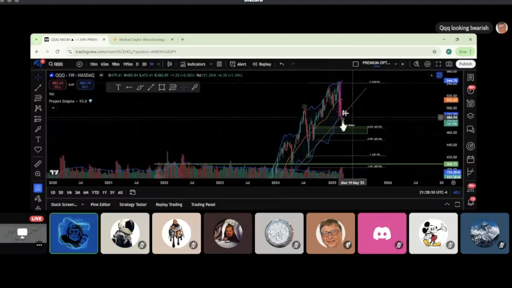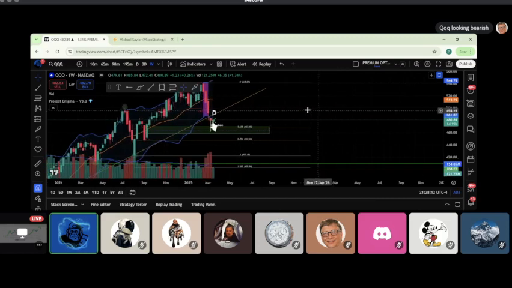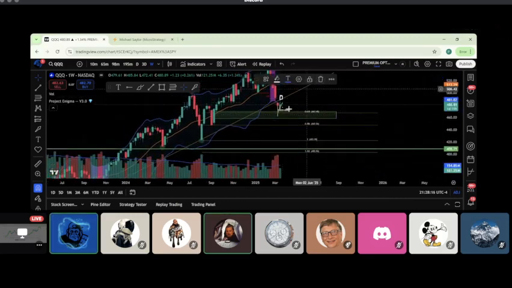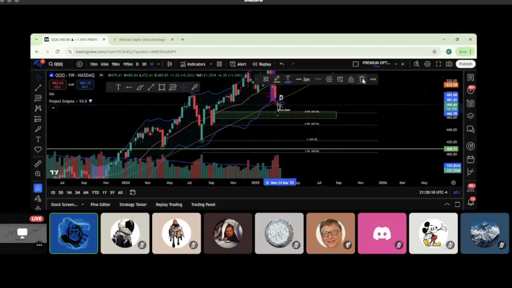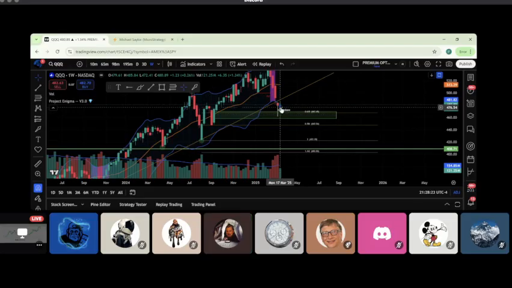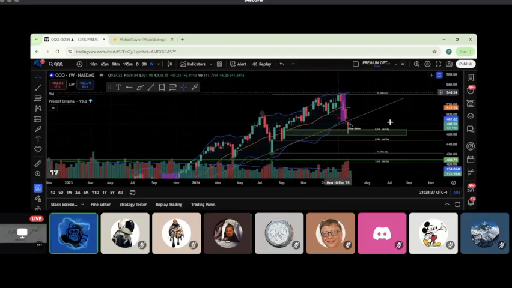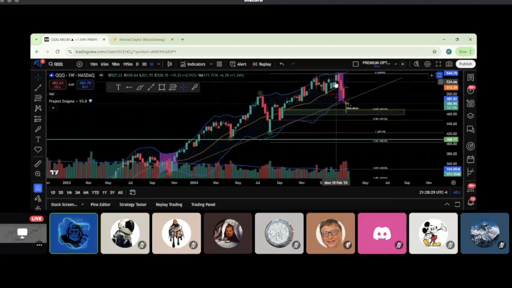And actually, looking at this right now, and Pop, I don't know if you're still here. I am. Looks like we're squeezing out of this weekly. Does not surprise me. This weekly Bollinger here, I think the rule is, and I gotta look it back up, but usually after a Bollinger squeeze, which is after the purple goes away, the move will last anywhere between 4 to 6 candles on average.